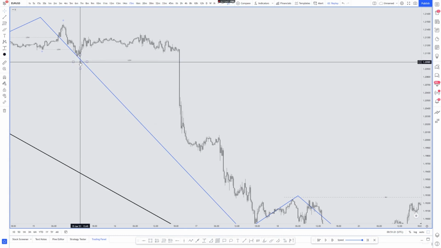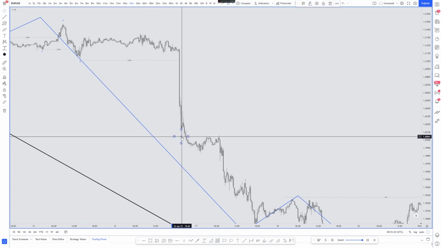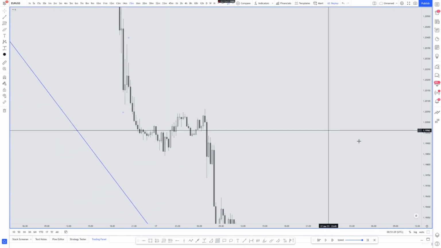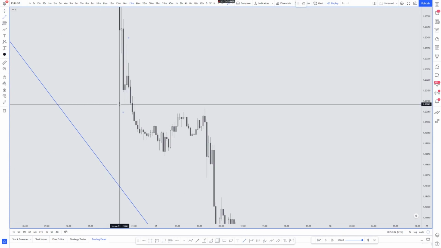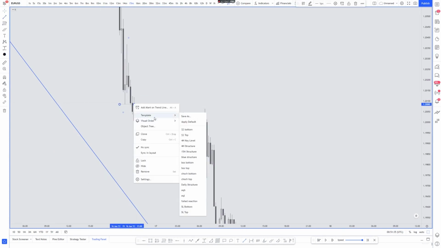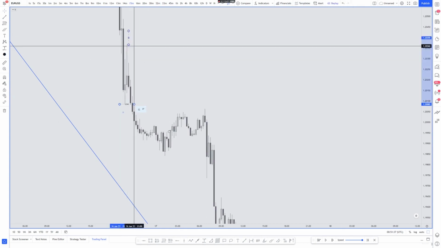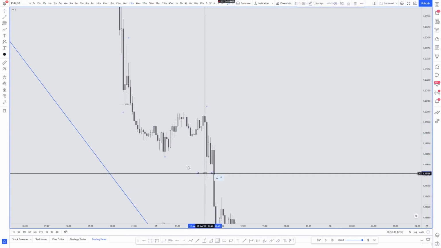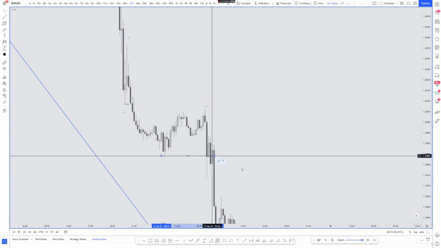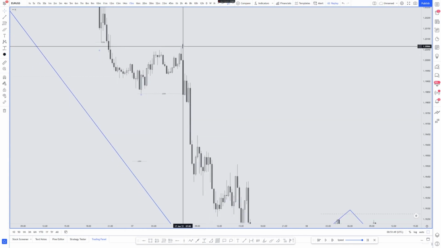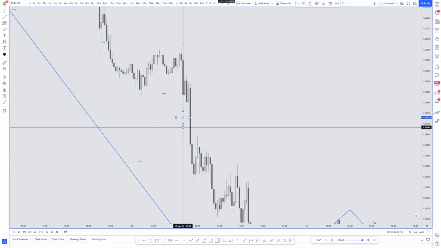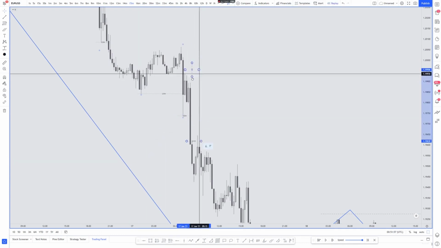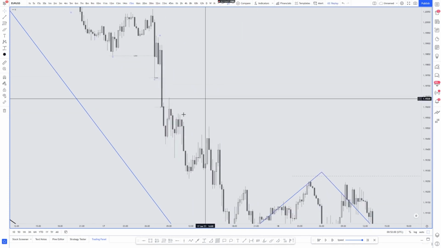So we don't really have much for structure here till all the way down here, I don't think. Bit of a pullback here, more market structure. Have another pullback here. So this is, once again, structure. I don't love it, but we do have to classify that as structure.